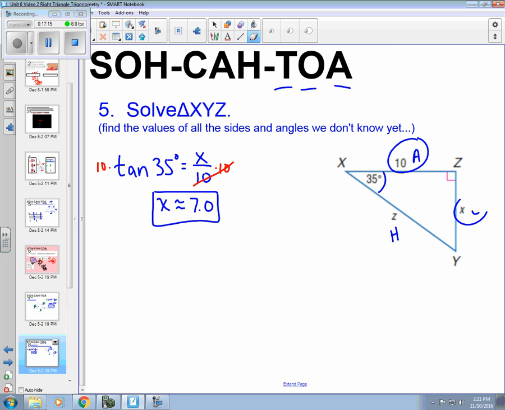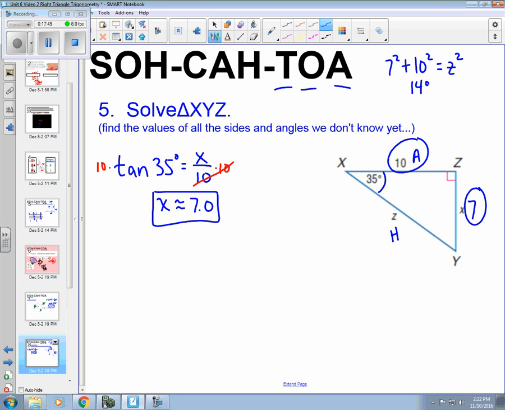Now we want to find out how long side z is going to be. This side's pretty close to 7. Well, to find z, we could do one of two things now. We know from our last notes, if we know two sides, 7 and 10 here, you can always use the Pythagorean Theorem to find z. So one way we could find z would be 7 squared plus 10 squared equals z squared. 7 squared is 49, 10 squared is 100.